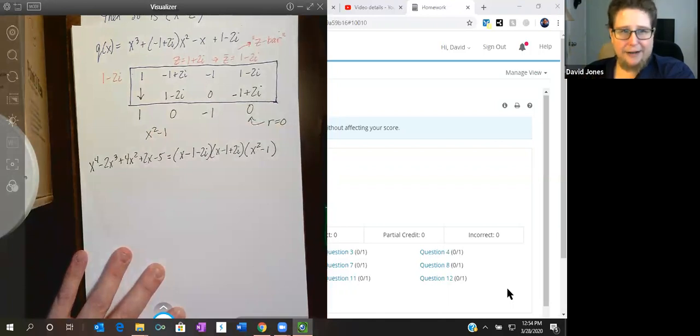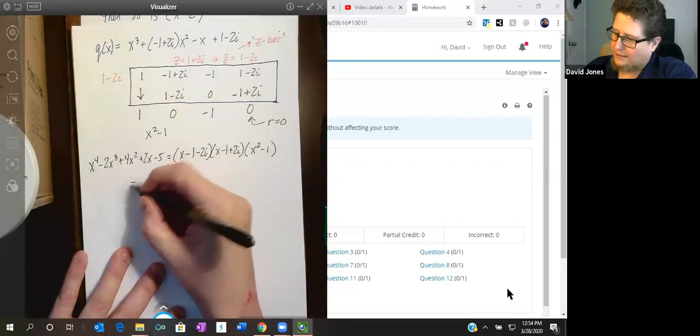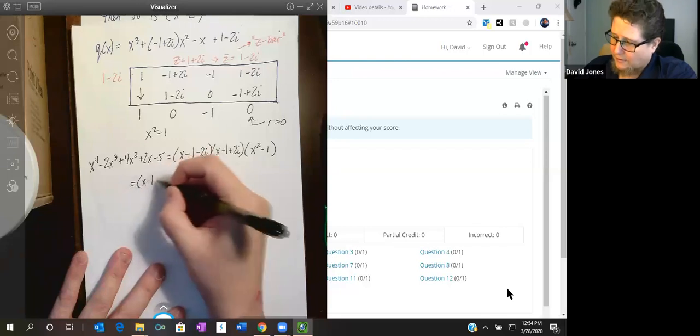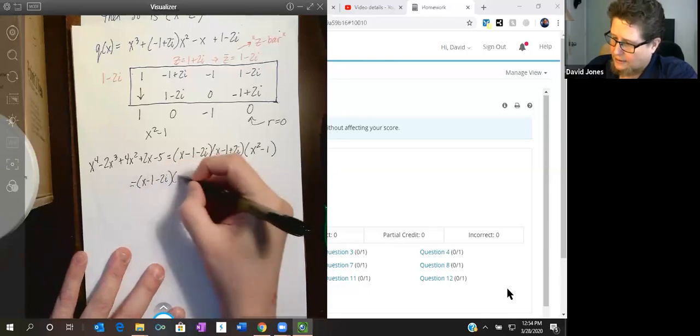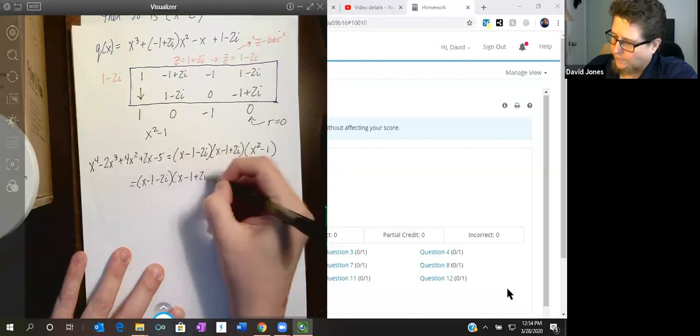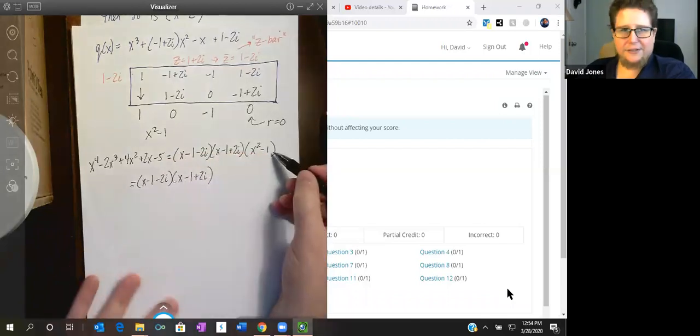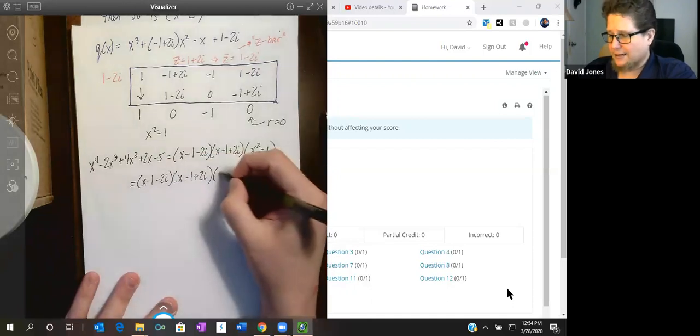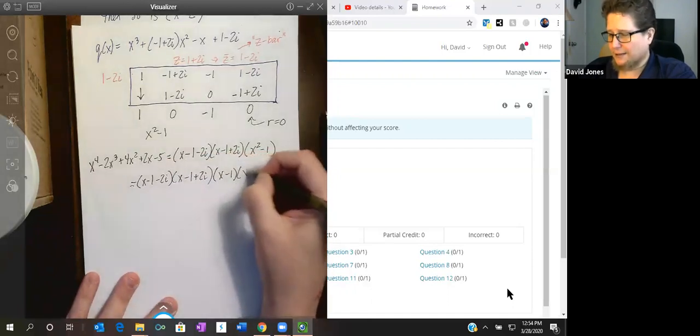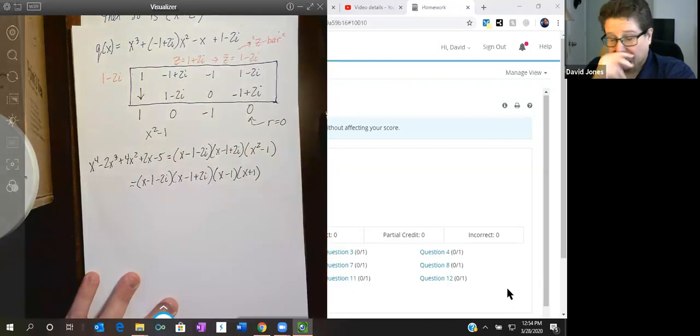And this actually factors further. This is the difference of squares. It's the a minus b, a plus b. This is x minus 1, x plus 1. So you can factor it all the way down.